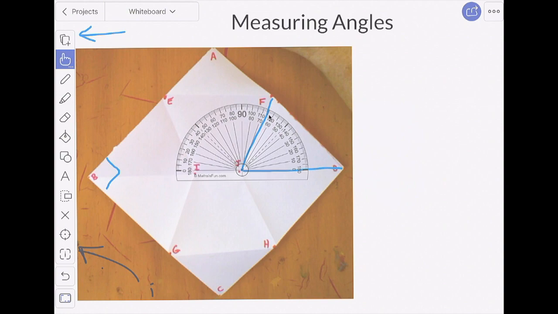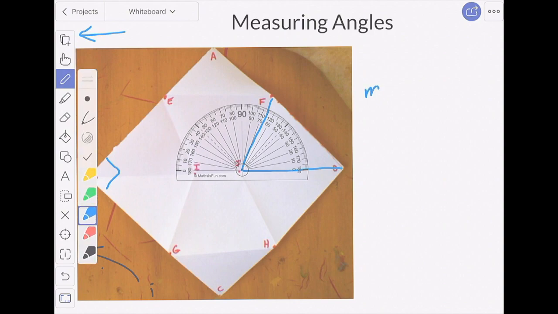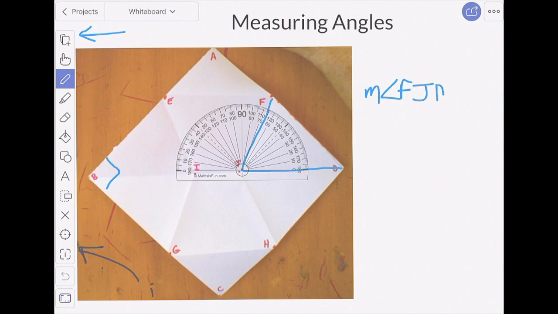So you'd refer to that as, it looks like about 65 or 66 degrees. So sometimes we will write that out, such as the measurement of angle FJD is equal to about 65 degrees.